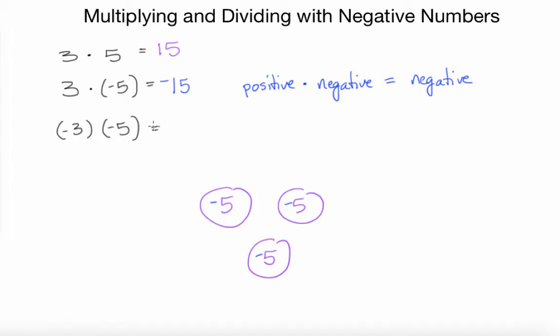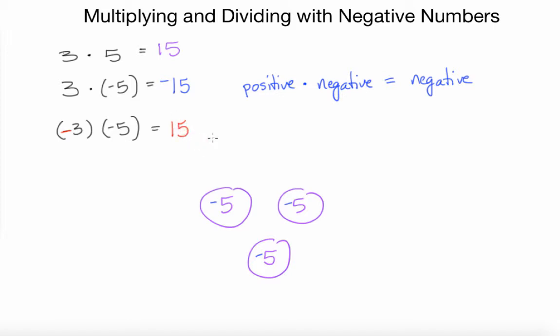The way to think about this is, again, translate that negative sign as the opposite. If positive 3 times -5 is -15, one more negative sign means I'm going to have the opposite of -15. Well, there's only one opposite, and that's to get right back into positive 15.